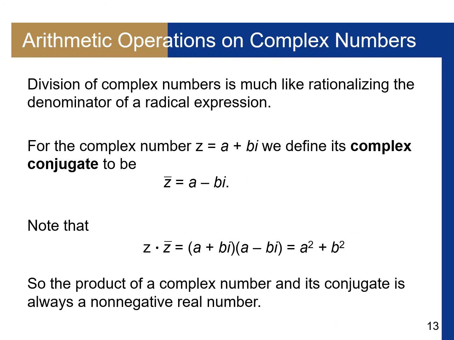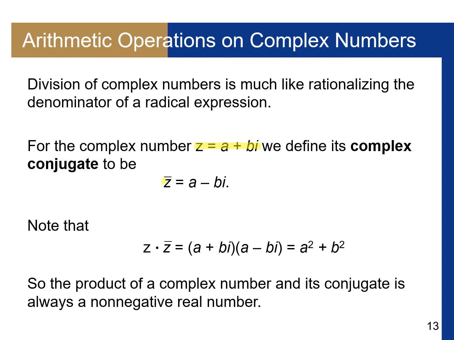Okay, so dividing complex numbers is like rationalizing the denominator of a radical expression. We call the complex number a complex conjugate if we have the number z equals a plus bi.